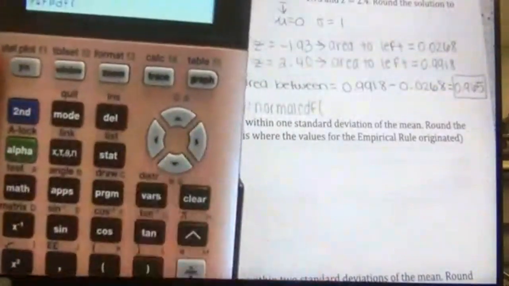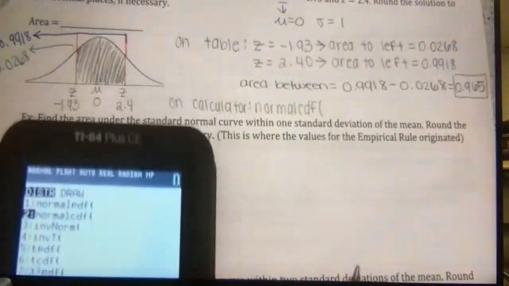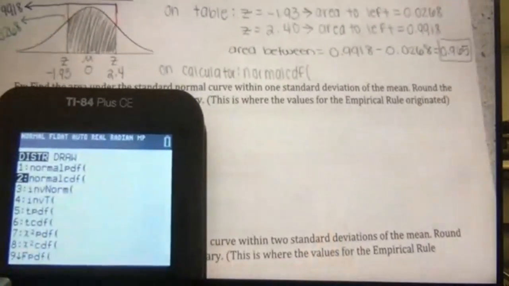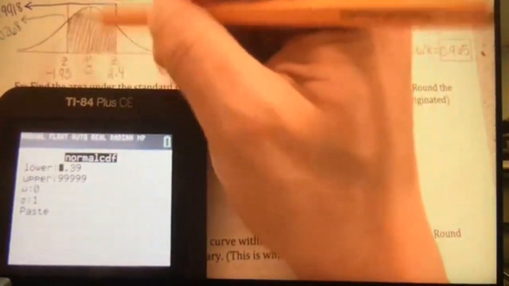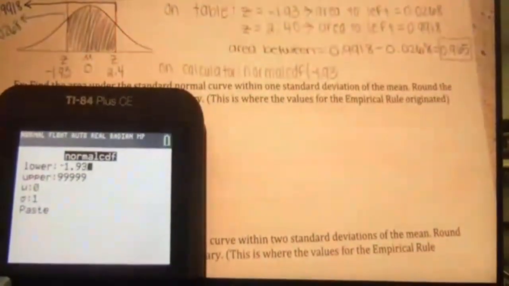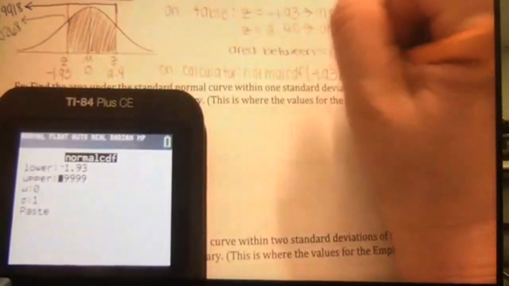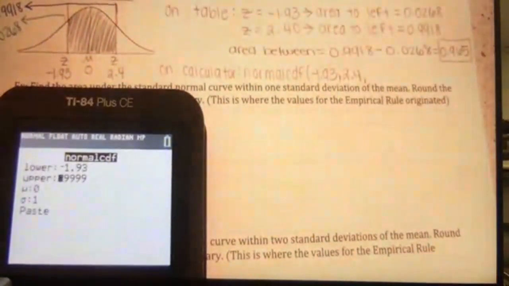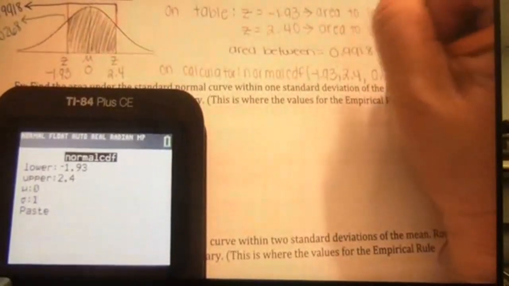Remember again, it's second bars to give us our distributions, going down to number 2, which is normal CDF. Looking at it from left to right, our lower limit, the lower side of our shaded area, is negative 1.93. Our upper limit is stopping at positive 2.4. Our mean is still 0, and our standard deviation is still 1.